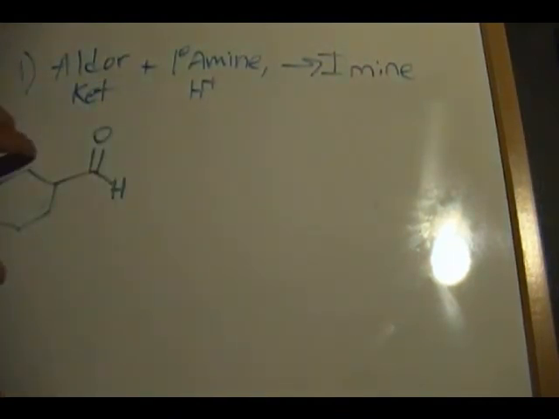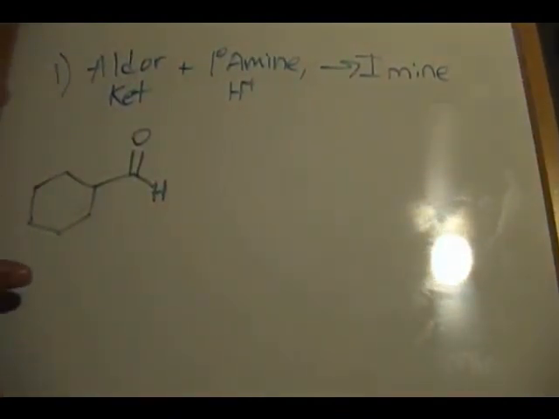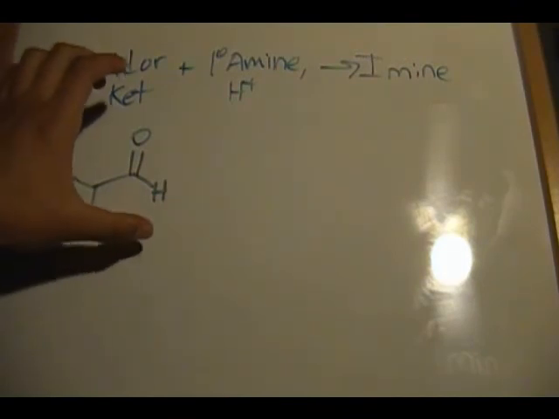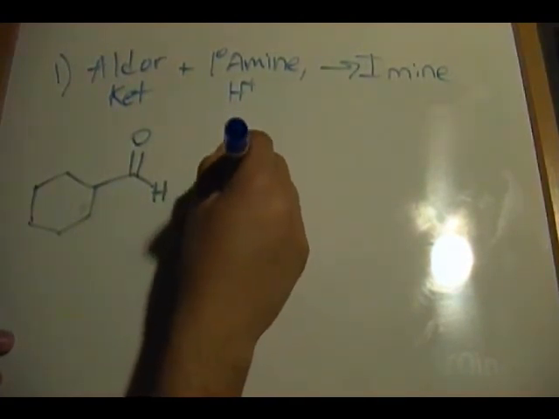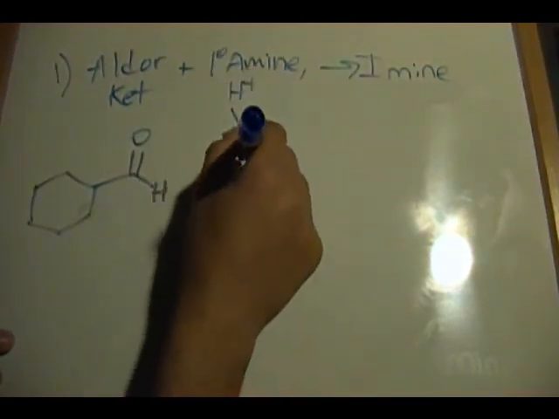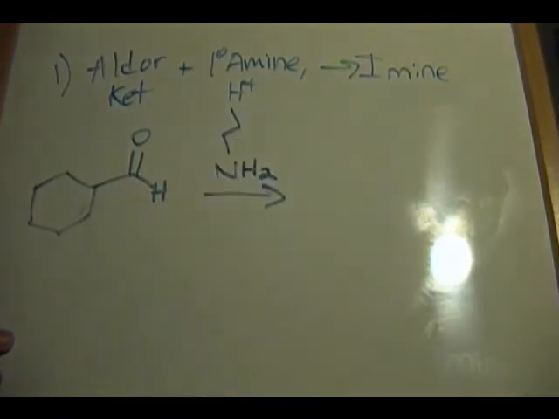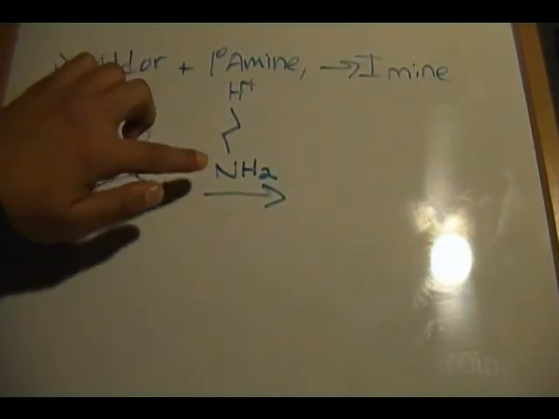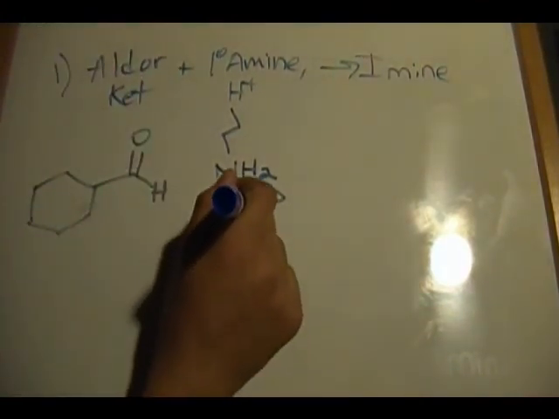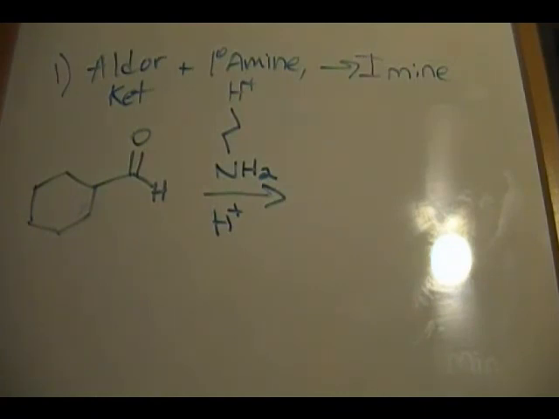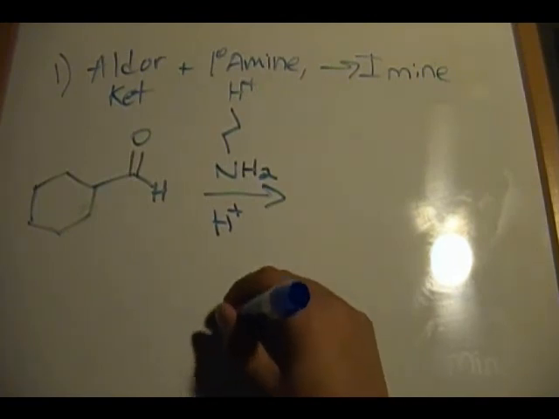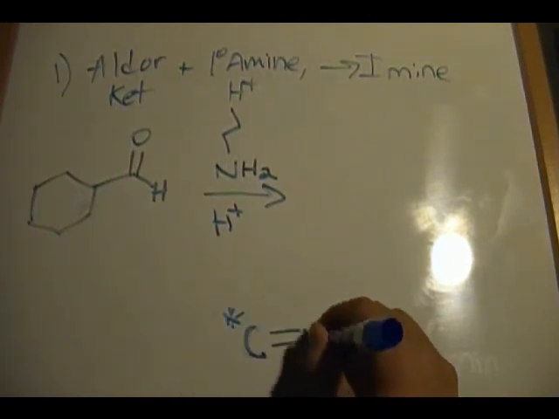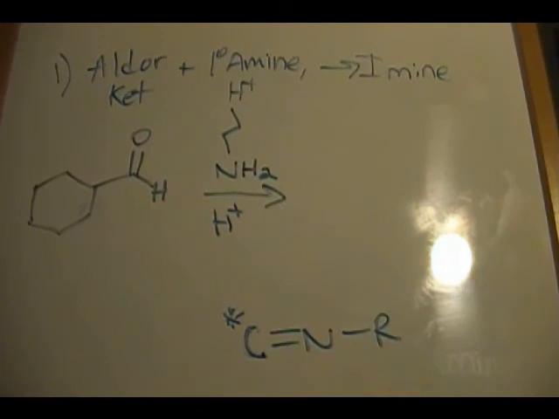Here you have a cyclohexane with an aldehyde, and we'll react it with this primary amine. You have a 1, 2, 3 carbon group hanging off of this nitrogen, under acidic conditions. Remember, your imine looked something like that, with the R group.